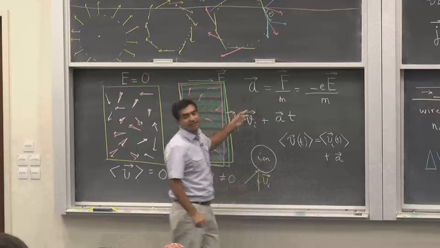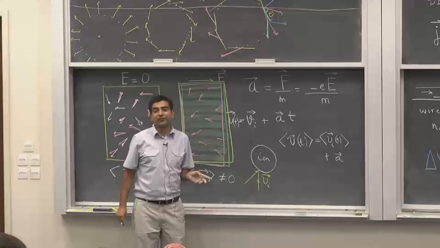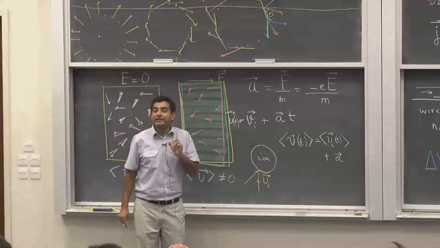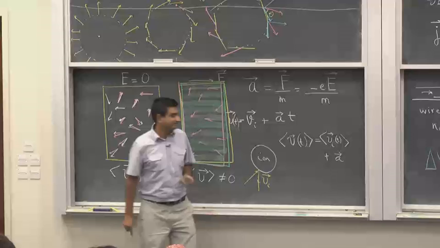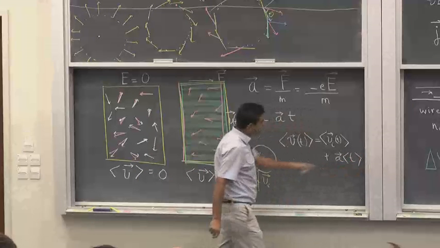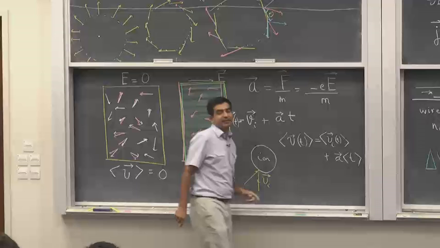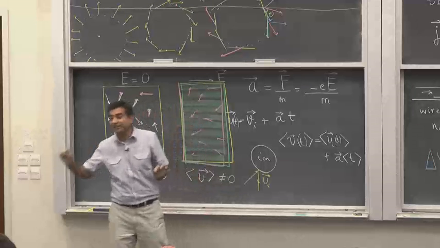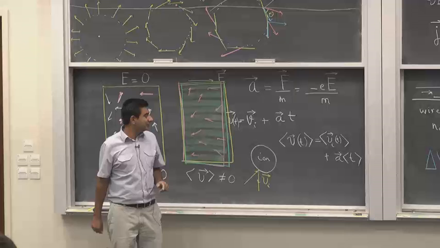What's the average acceleration of the electrons? Is it the same? Are all electrons moving with the same acceleration? Yes. Into the average of the time. So I can pull this out of the average sign because the acceleration for each electron is the same. Each electron is experiencing the same electric field. Okay?